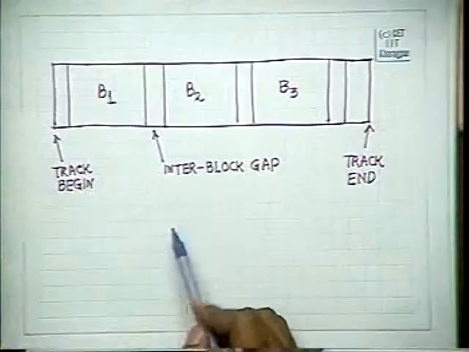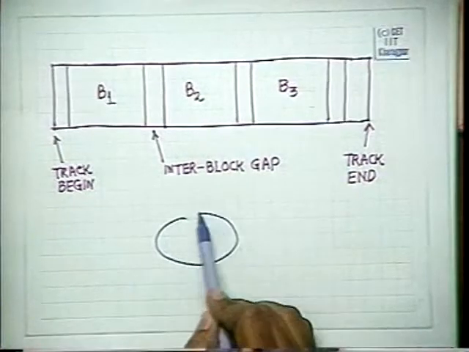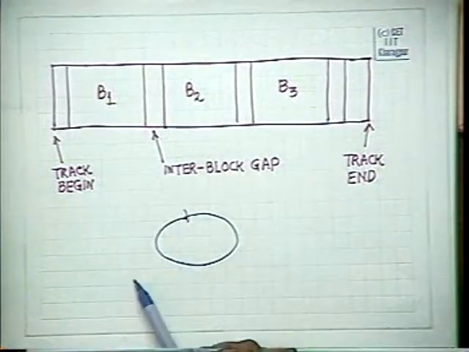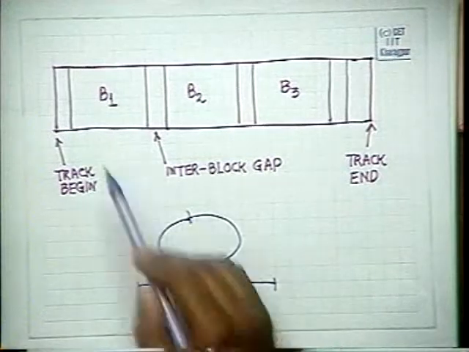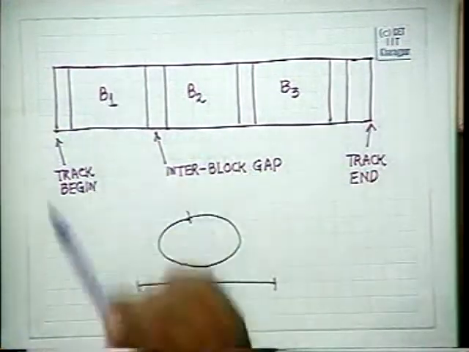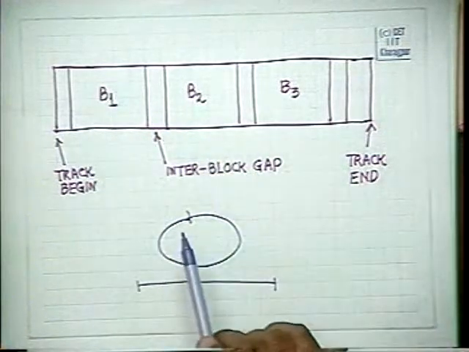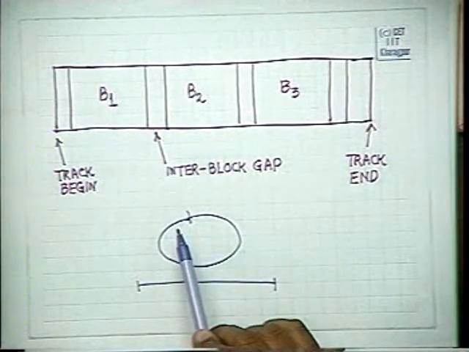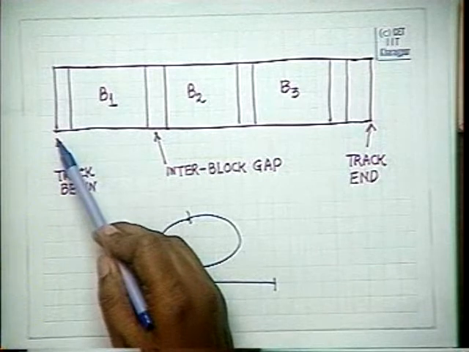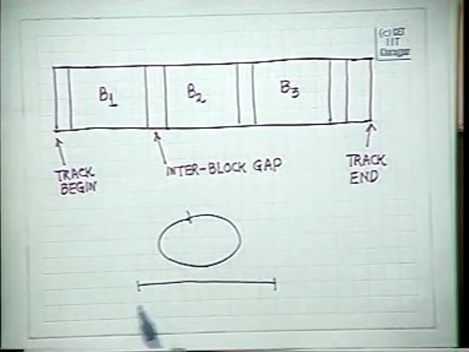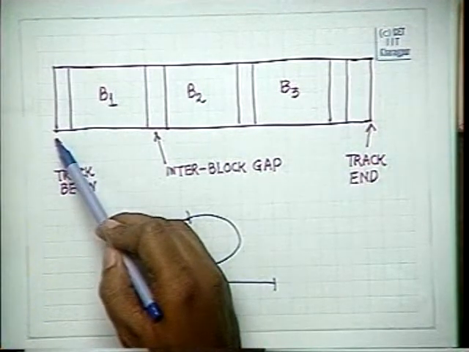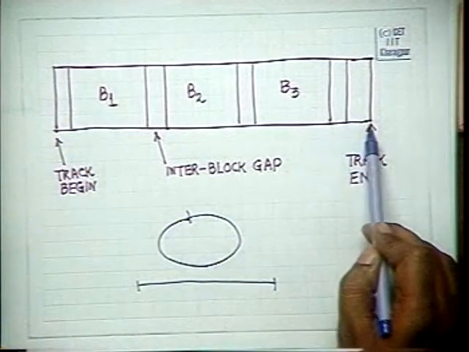So if we just open up a track, which is a concentric circle like this, if we just cut it and unfold it and open it like this, then suppose the track looks like this, and we have added some dimension to it, but actually it may not mean anything. It will have a beginning of a track, and it will have the end of a track.